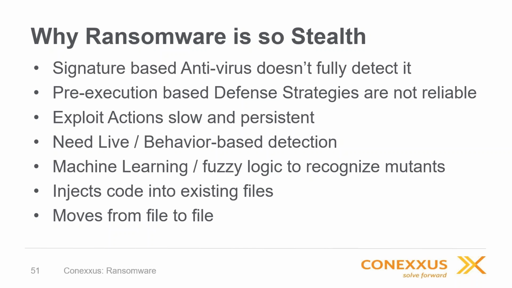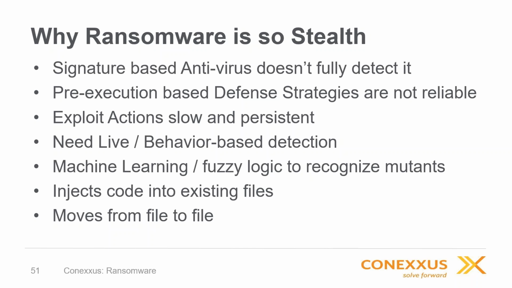In fact, because of all the mutations of ransomware and all the changes that are being made continuously, including self-modifying ransomware, it actually requires machine learning and fuzzy logic, meaning not exactly the same, but real close. I've seen this operation before, and consequently, I'm going to stop and shut this down, or at least sandbox it and determine if it's indeed damaging ransomware.